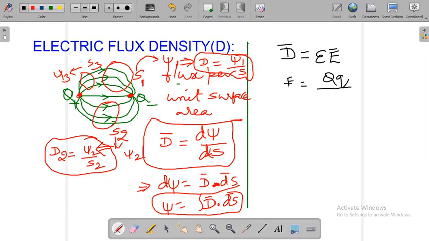The electric field intensity E is defined as force per unit charge, that is F by q.